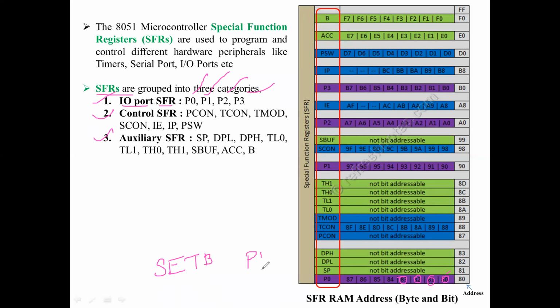I want to control P1.1, a single pin. This single pin can be controlled by using this particular register. P1.1 will be set to 1, and then automatically this pin will be set to high. High means 5 volts will be provided across that particular pin.